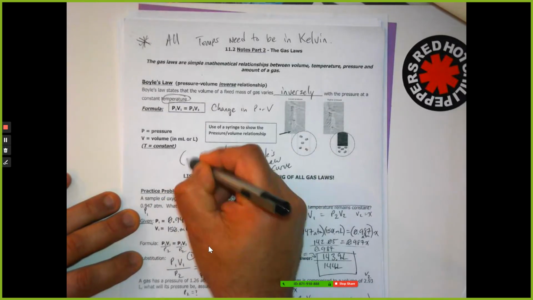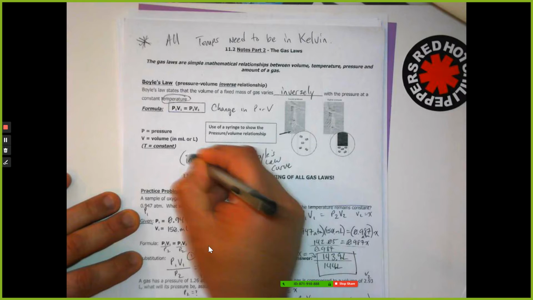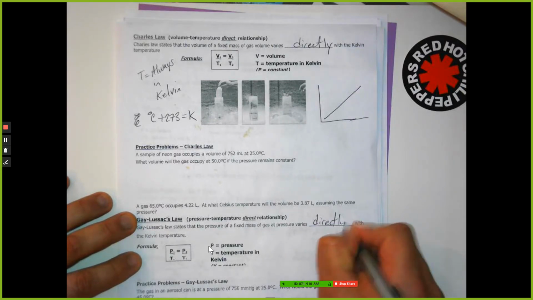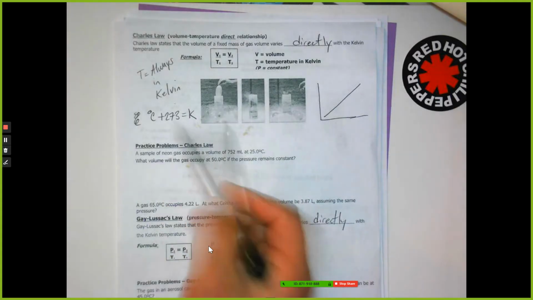So it's inverse. Today, we're going to look at Charles and Gay-Lussac's law. They're both going to look like this because they're both direct on the graph. So anyhow, the variables we're dealing with, of course, are volume and temperature, because pressure is constant, number of moles is constant, so we're not worried about that.